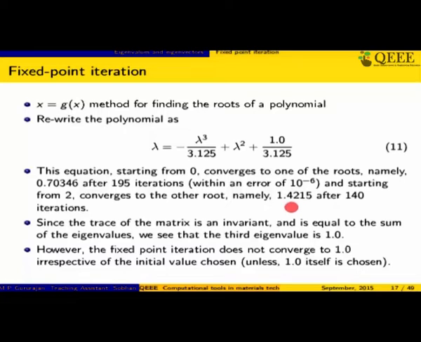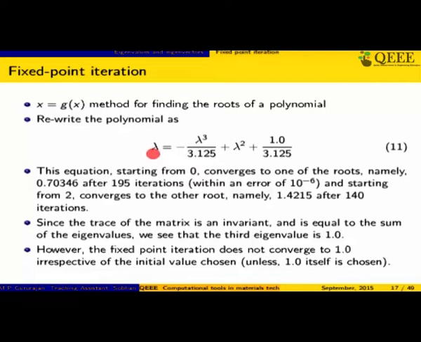But you can't get from this particular form of fixed point iteration the eigenvalue of 1 unless you use the eigenvalue of 1 itself as the starting point. Of course, if you put 1, then it is 1, and this is a minus 1 by 3.125, and this is plus 1 by 3.125. So this gets cancelled. So lambda is equal to 1.